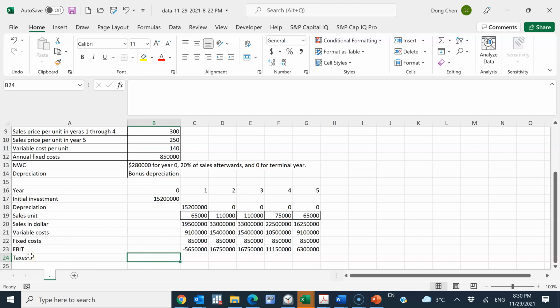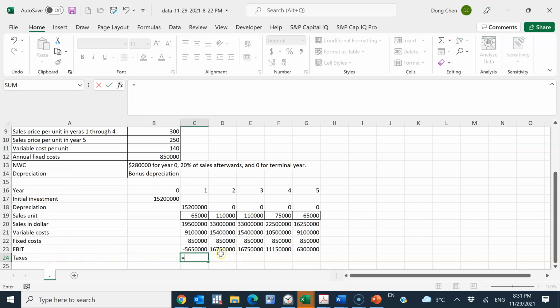But in capital budgeting, we don't consider the interest expense in estimating the cash flows. That doesn't mean the interest expense or debt doesn't impact the project value, but that impact is incorporated into the discount rate. So we don't consider that in the cash flow estimation, which means that taxes in this case will be based on EBIT.